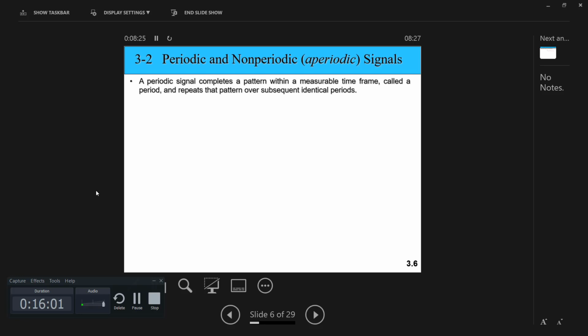So each period, T, exactly the same pattern will be repeated. If, for example, here we have no specific pattern repeated, it's non-periodic. Each time we have a different pattern. The simple example of a periodic analog signal is a sine wave.